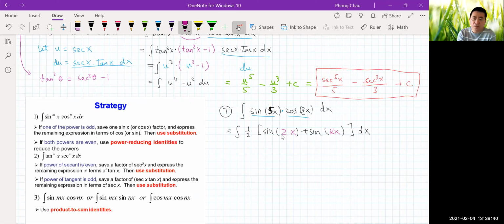Now you can see it has become sine plus sine, and we don't have a problem integrating this. It's a half, and the integral of sine of 2x is negative cosine of 2x, with 1/2 by the chain rule, and minus 1/8 cosine of 8x.